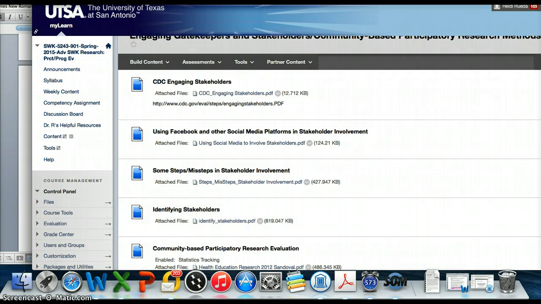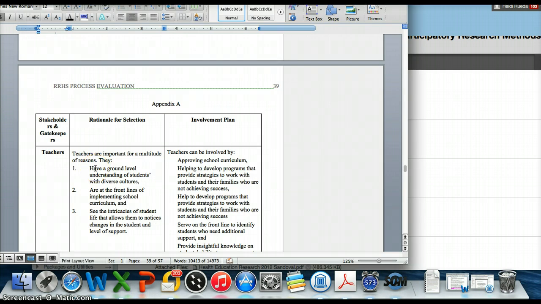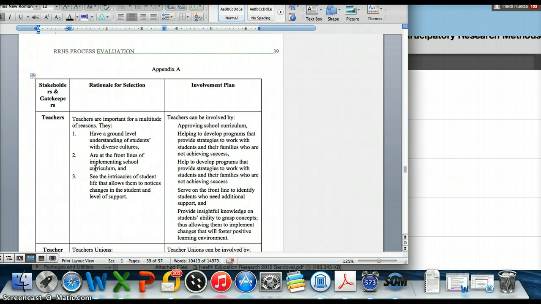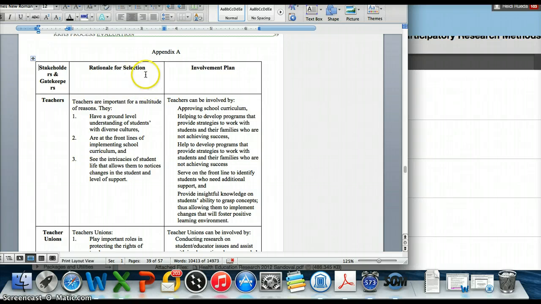Also, I pulled up a student assignment from last semester. Here's an appendix. I just wanted to show this because I thought they did a good job of their rationale for selection here in the middle. Of course, on the left, they identify the stakeholder, gatekeeper. Sometimes those share overlap. And they have an involvement plan.